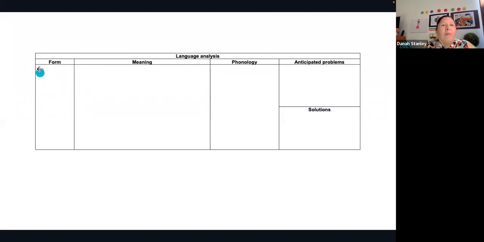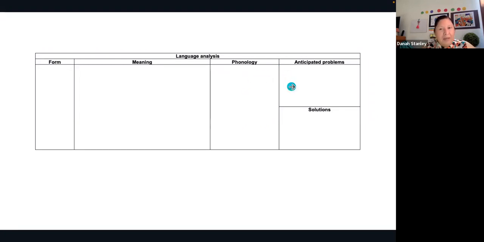For example, present simple, meaning future timetables. Phonology of the vocabulary, for example, timetable, bus, train, platform, etc. The vocabulary with the proper phonemic symbols and stress.